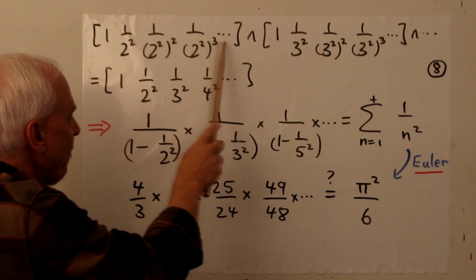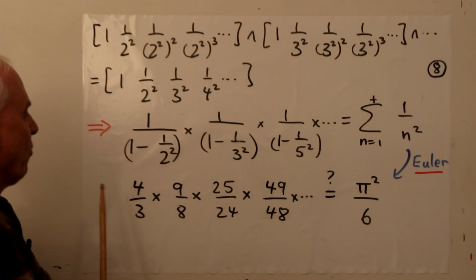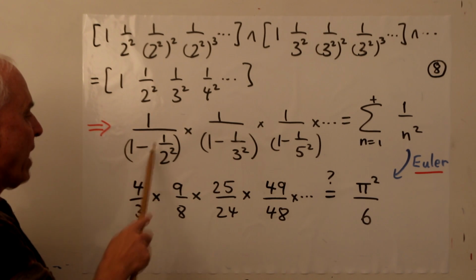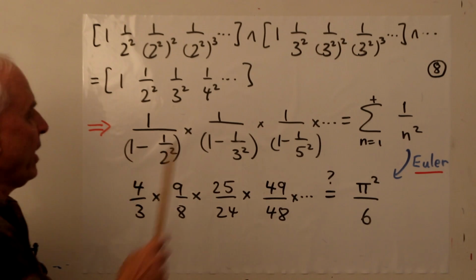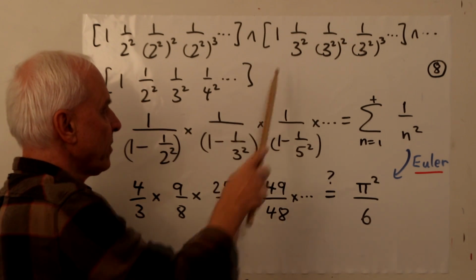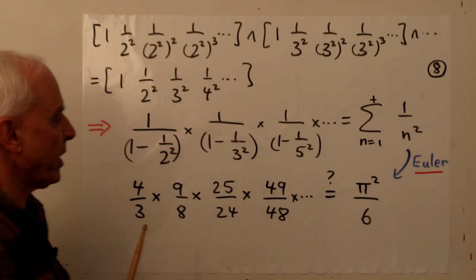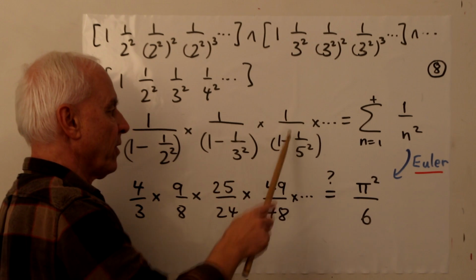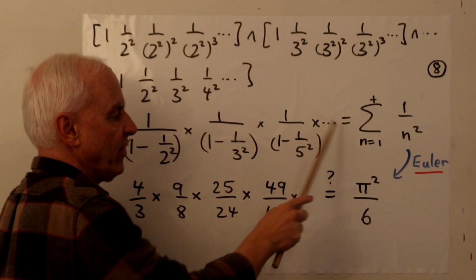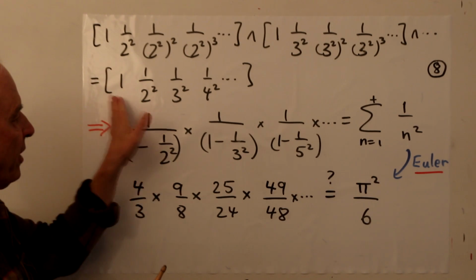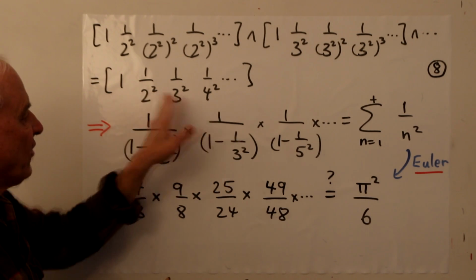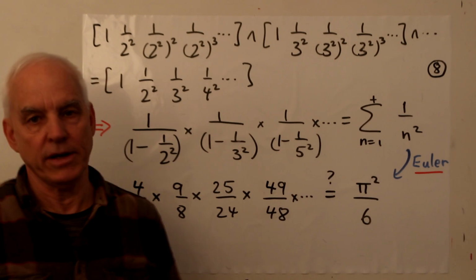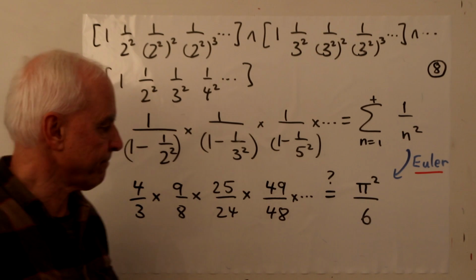So we take the sum of all these: first term 1, ratio 1 over 2 squared, so we get 1 over 1 minus 1 over 2 squared. Next one, first term 1, ratio 1 over 3 squared, so we get 1 over 1 minus 1 over 3 squared, times 1 over 1 minus 1 over 5 squared, etc. And on the right-hand side, the sum of the reciprocals of the squares of the natural numbers.